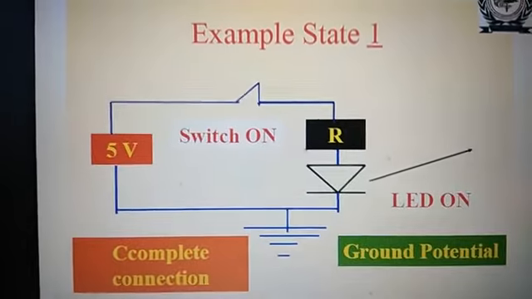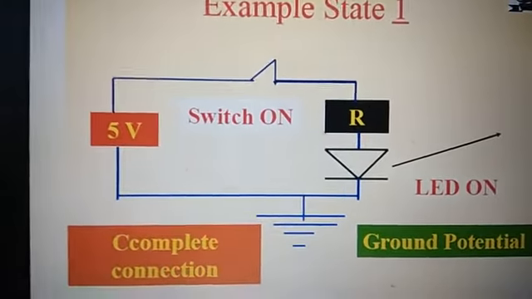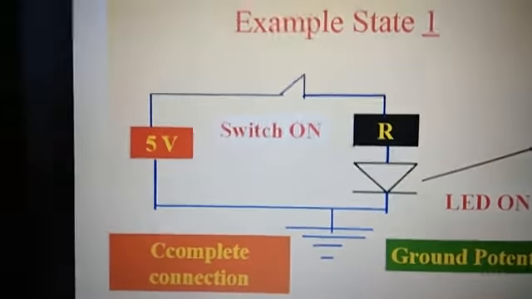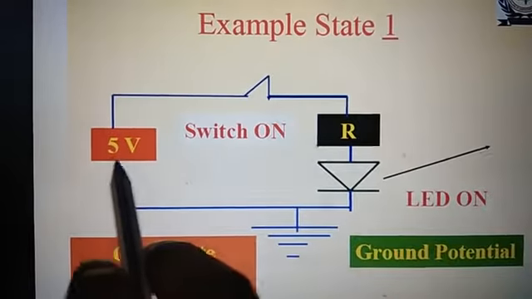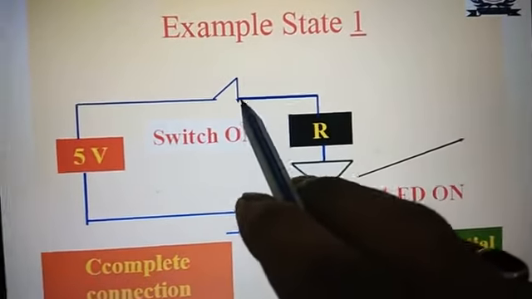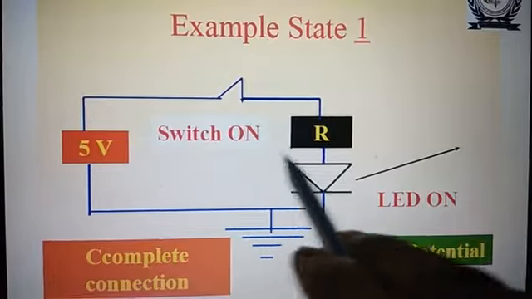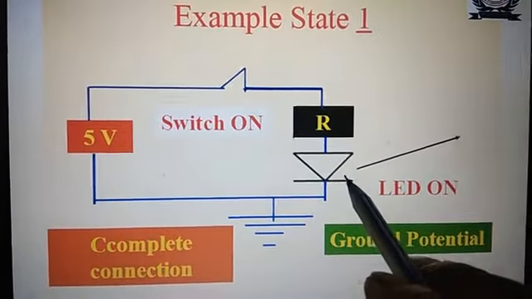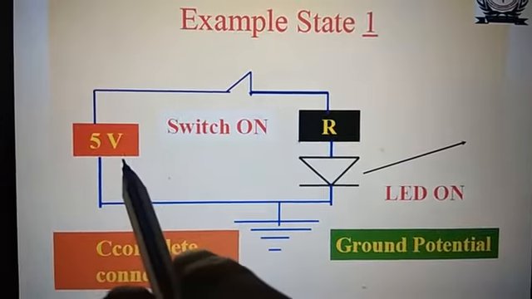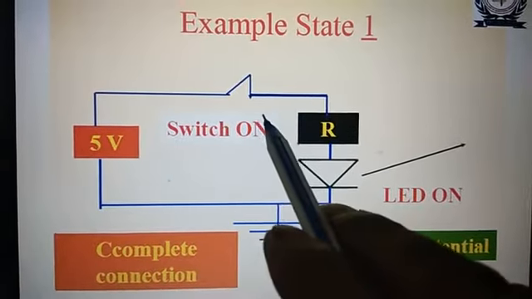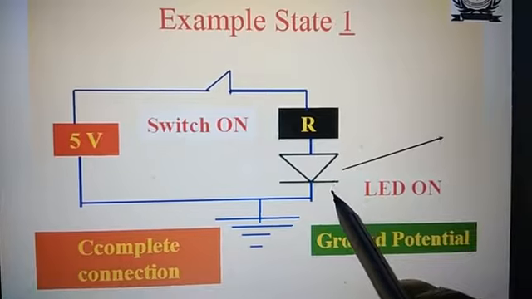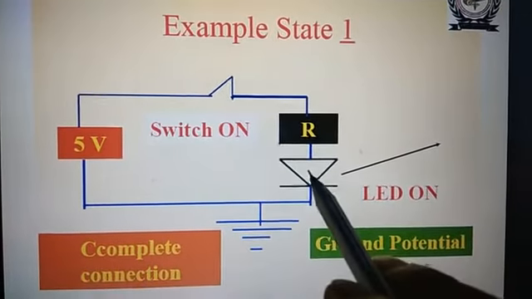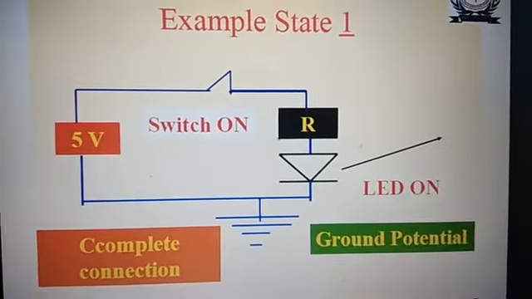This is the example of state 1. Here a 5 volt supply is applied from the battery. This is the switch, which is kept on, and this is a resistance and this is an LED which emits light. So when the 5-volt battery is connected through a switch to this LED, the LED will be on because the switch is closed.